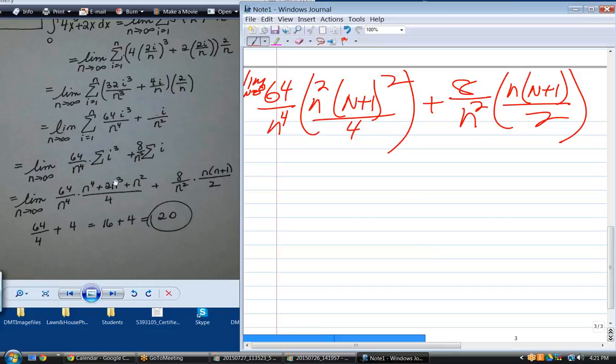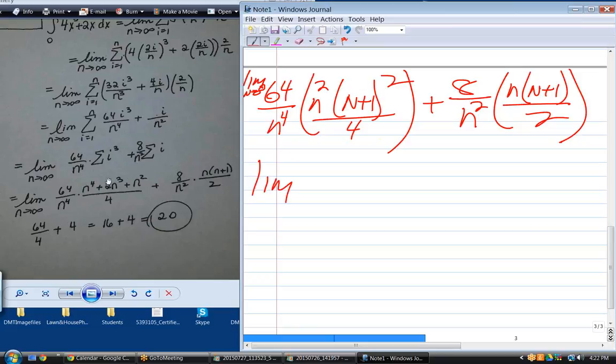So just follow me over here. Here's our 64 over n to the fourth. This term is what sigma i cubed turns into, plus 8 over n squared, and this is what sigma i turns into. Well, what is all of that together?